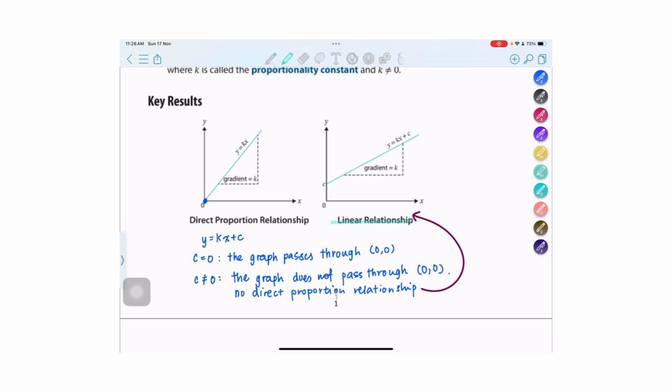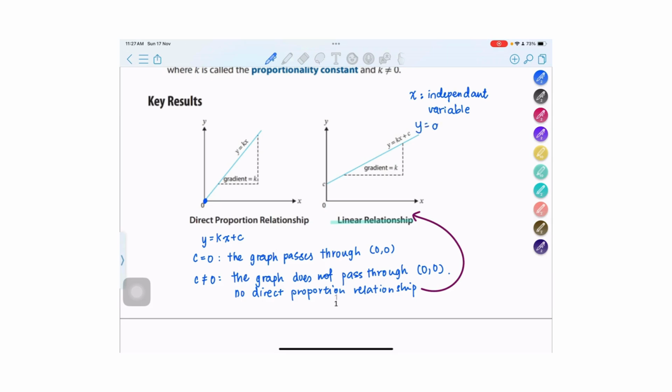One more thing I need to let you know: we assign variable x as the independent variable. An independent variable means the variable does not depend on any other variable for its changes.